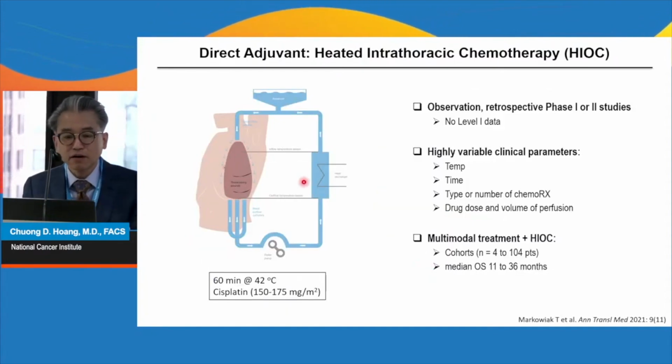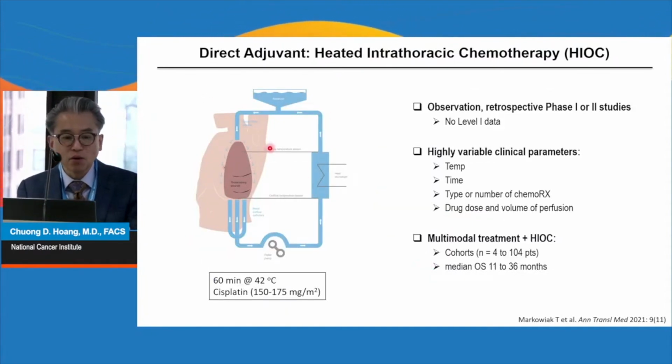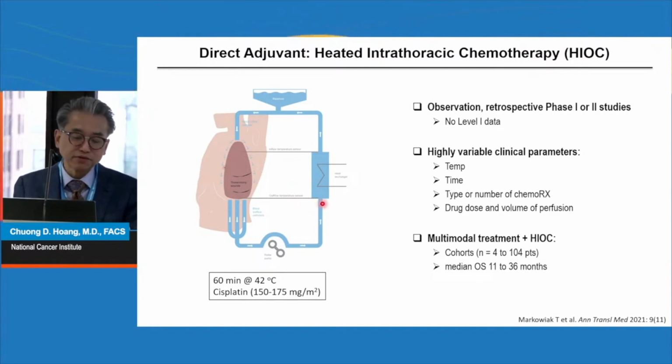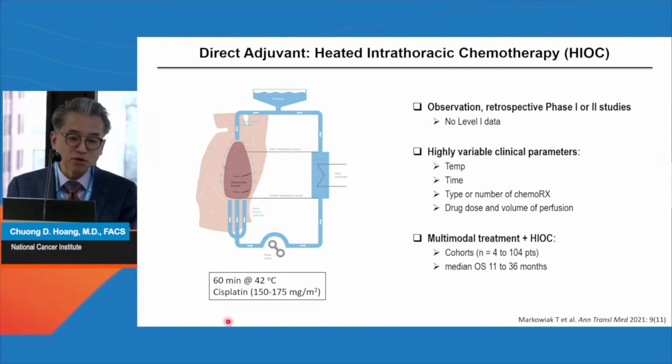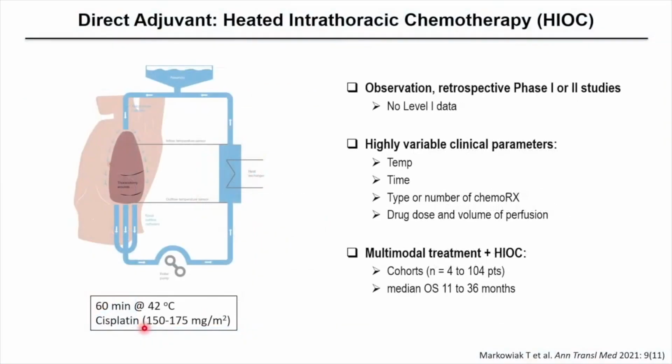So here, the most common form of the direct type of adjuvant therapy is what we call heated intrathoracic chemotherapy. This basically involves pouring liquid chemotherapy into the chest immediately after surgery. You've heard many of them. Cisplatin is the most common. And then typically the drug is heated to a higher temperature, and then it's circulated around the chest for some duration, typically an hour.